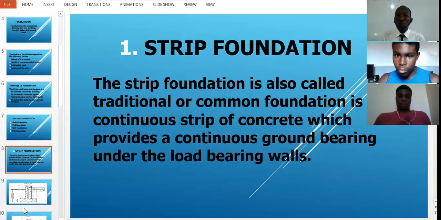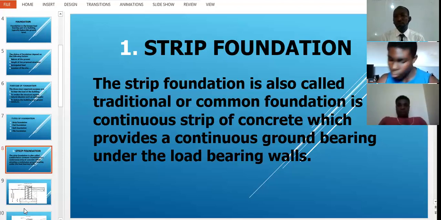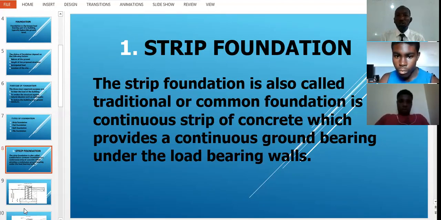So when you hear the word traditional foundation or common foundation, we are all referring to strip foundation, but the standard name for it is strip foundation. It is a continuous strip of concrete which provides a continuous ground bearing under the load bearing wall.